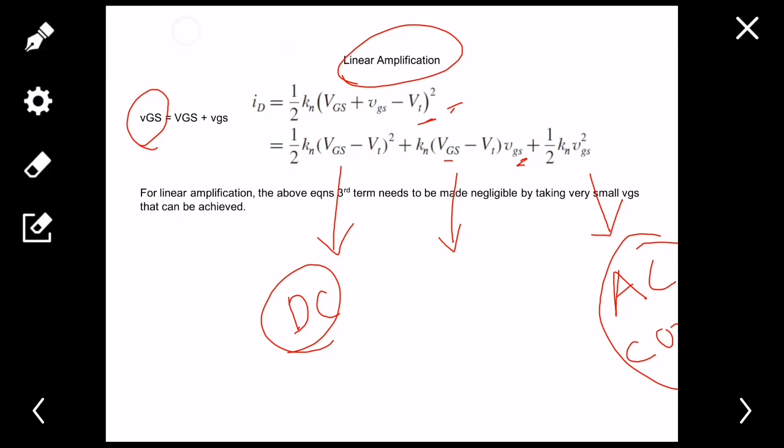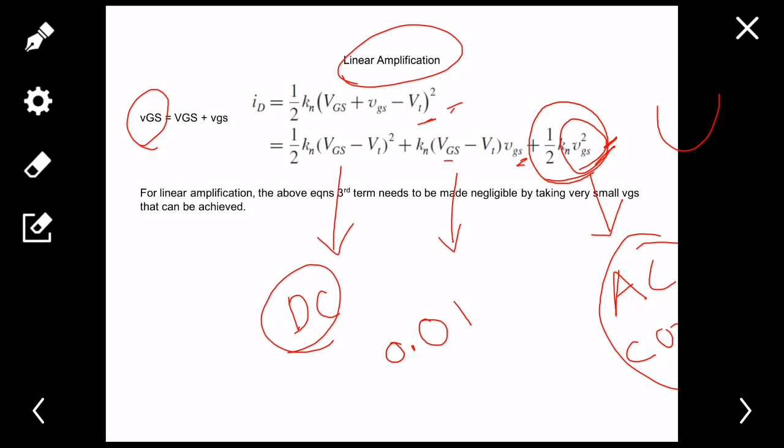So how can nonlinearity be avoided? You can easily see this equation right here, VGS square, which means a parabola, which is not a linear term, so nonlinear. So how can we avoid this term? See that VGS square, if I give this as an AC component, VGS, and I give that VGS to be very small, on the order of some millivolts, say for example 0.01, so it basically means 10 milliamps, most probably.